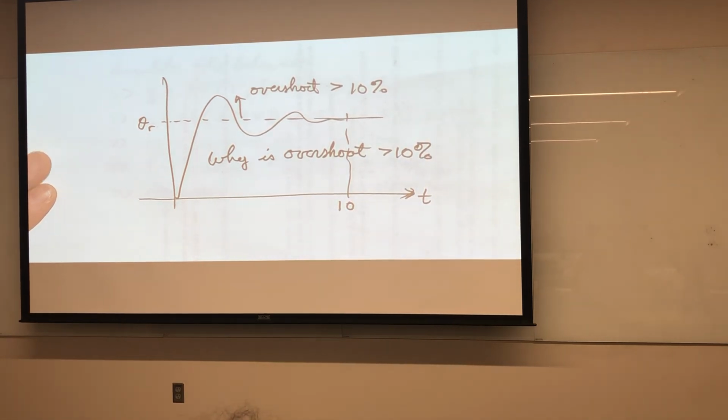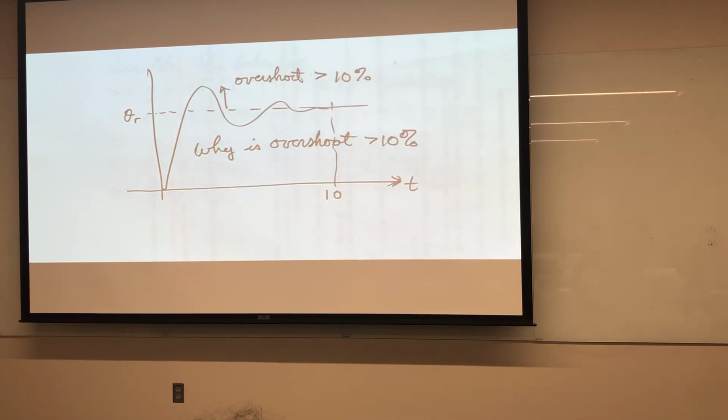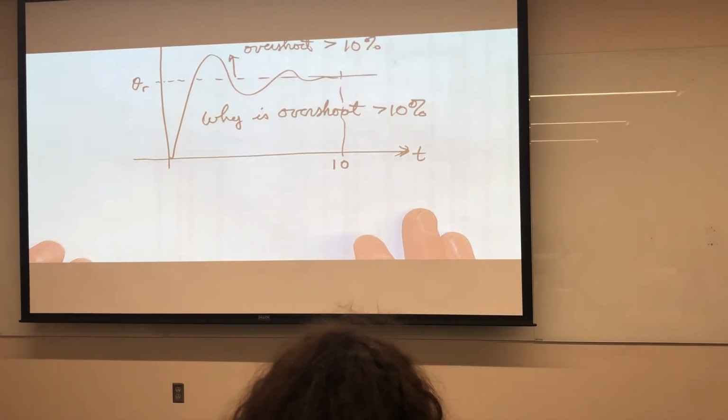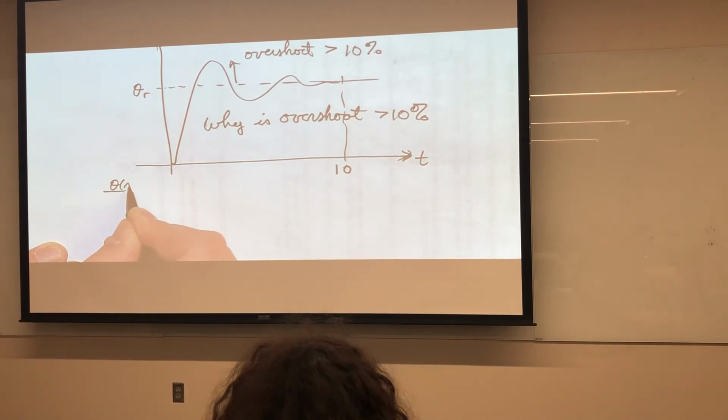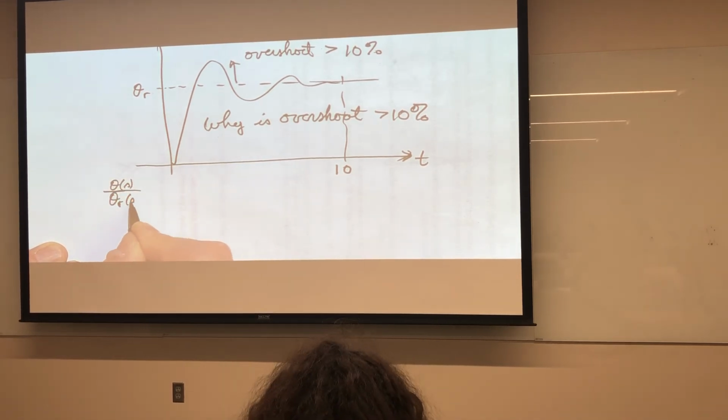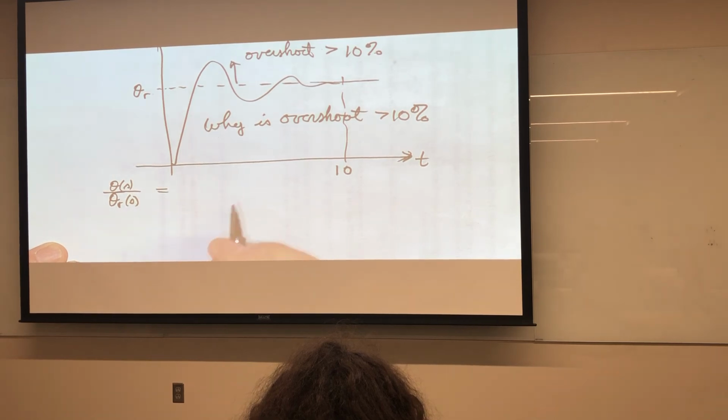We designed to be 10% or less, and we didn't get that. Well, we have to remember that theta O of S over theta R of S, if we write this transfer function again, let's bring it back out.